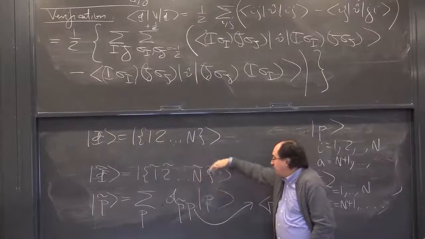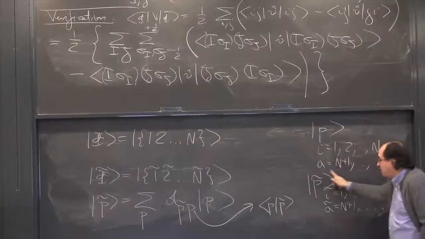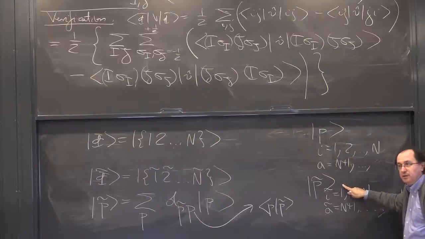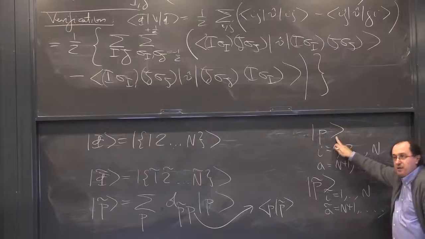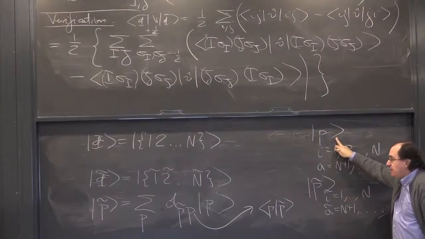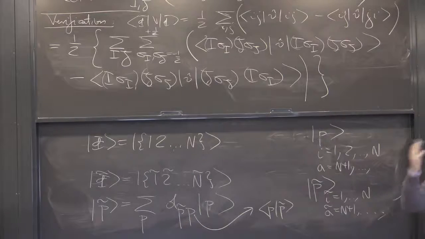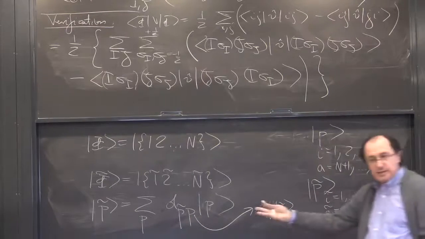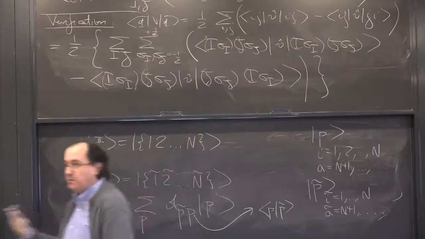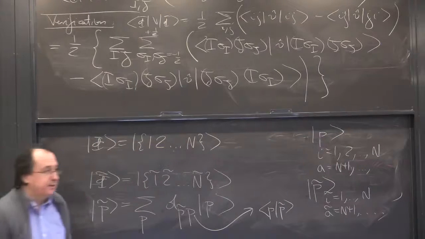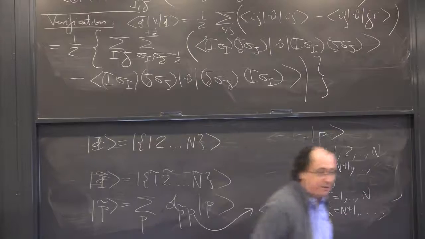These two basis sets are related because I can always represent the tilted spin orbitals as linear combinations of the original ones, where the d coefficients are simply a unitary transformation that allows you to go from the old basis set to the new one. Unitary because we have to preserve the norm and orthogonality. We are talking about orthonormal basis sets.